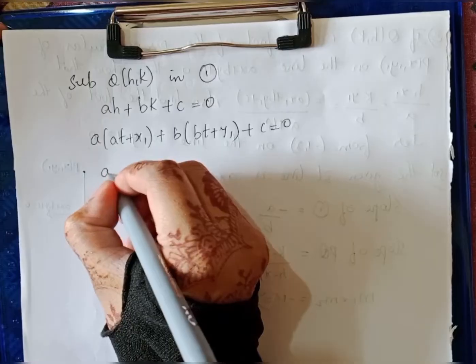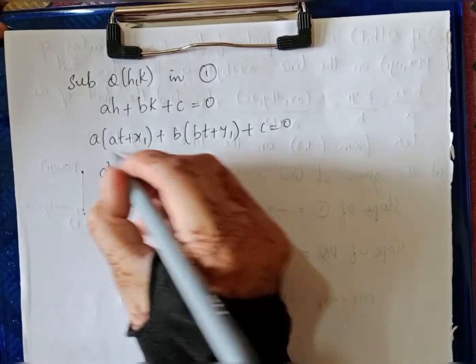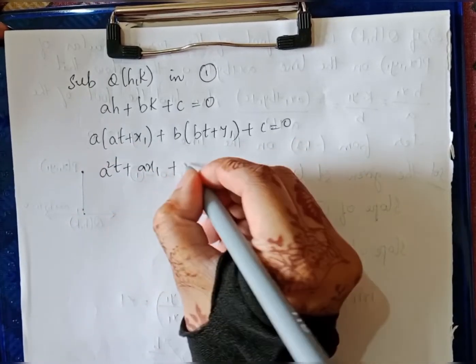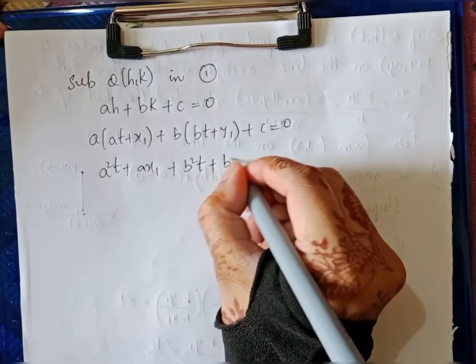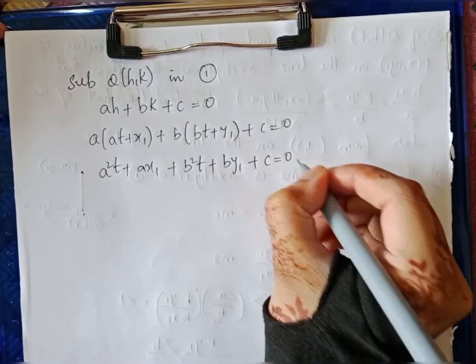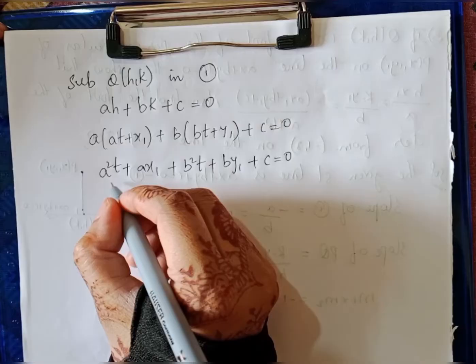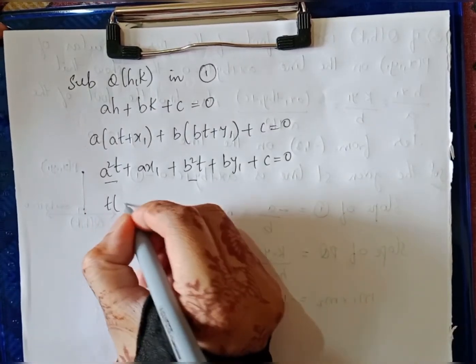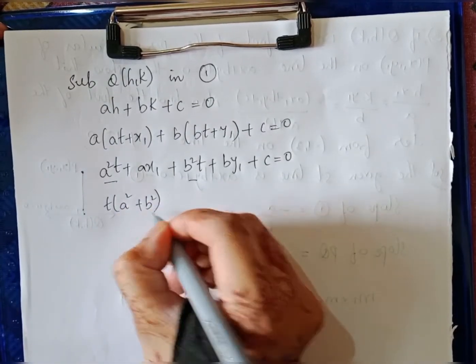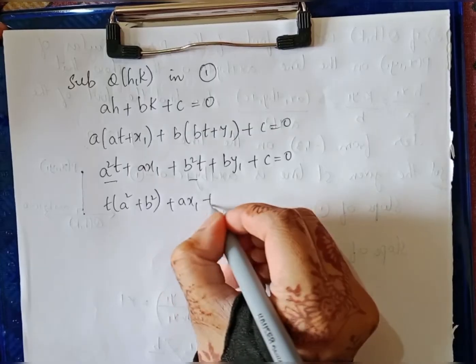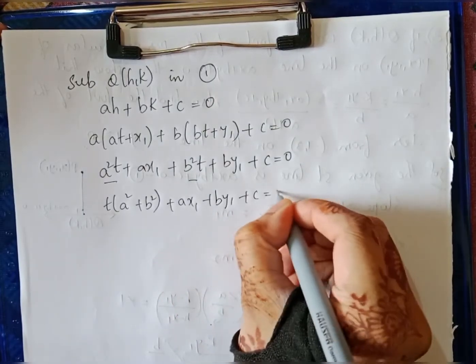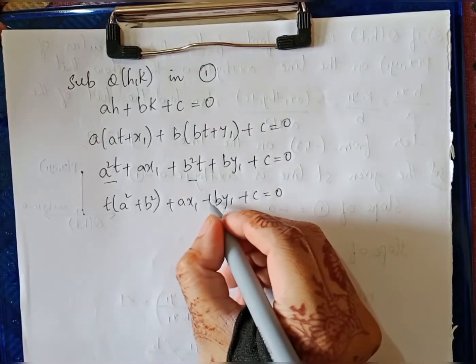Multiplying a inside, a²t + ax1 + b²t + by1 + c = 0. Taking t common, t(a² + b²) + ax1 + by1 + c = 0.